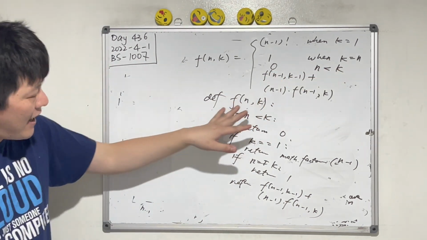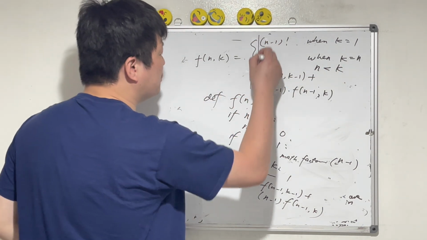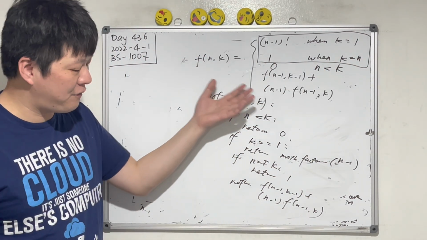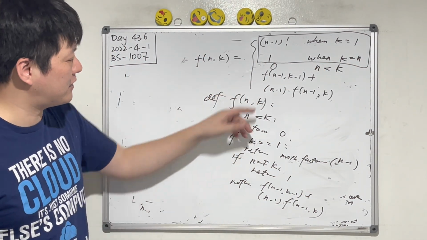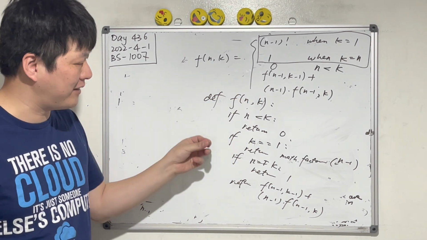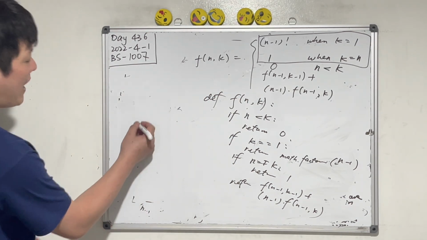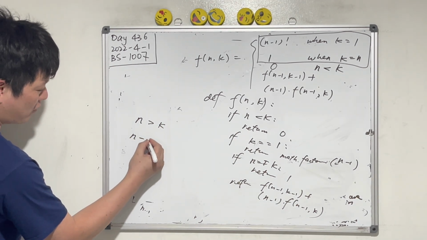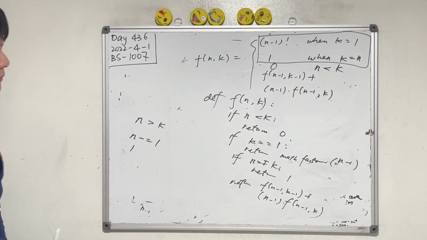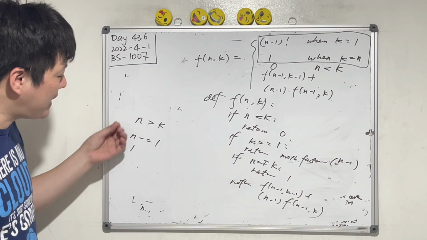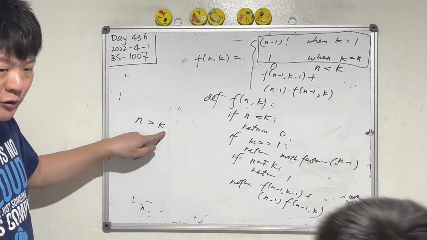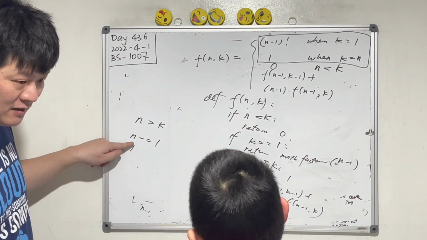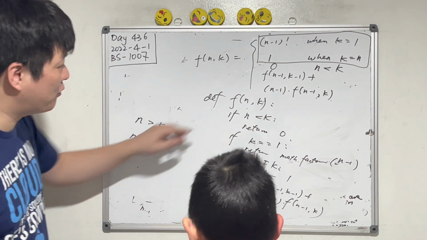So in that case, we define these two terminal conditions. That's sufficient, because n is always decrementing by 1 while K sometimes does not.